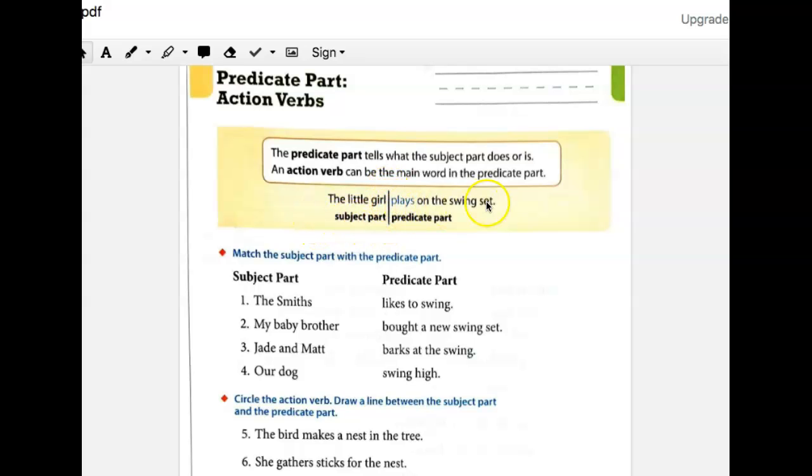That means plays on the swing set is the predicate part. What's the main word in this predicate part? The main word is the verb plays. Is the verb plays an action verb or a linking verb? It is an action verb because it's telling us what the girl is doing.